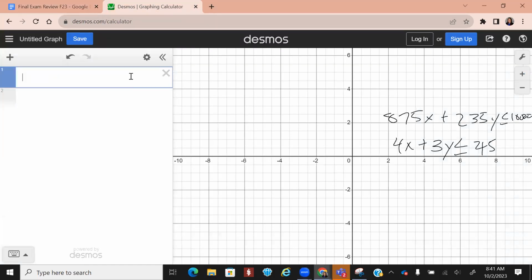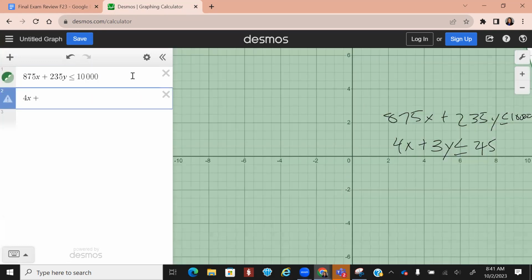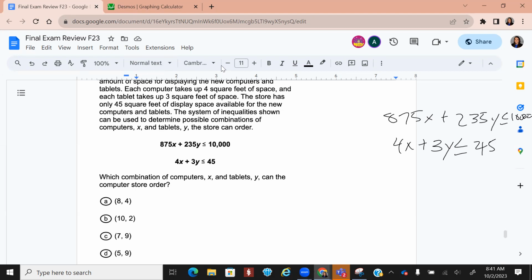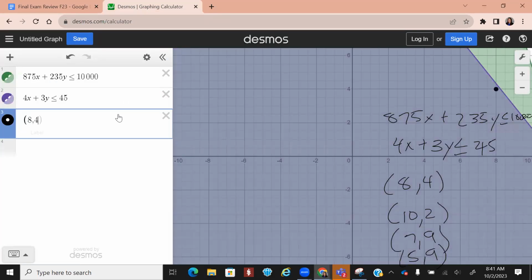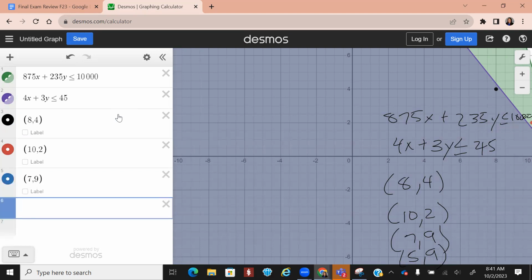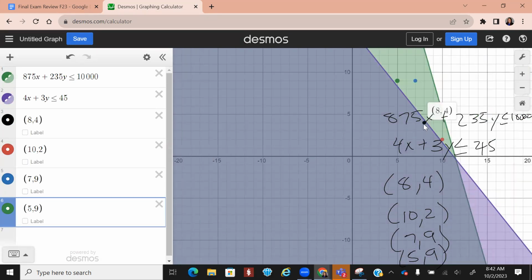So if I come in here and type these in, then I can take each one of these points and plot those and see which one lies in the dark shaded region. So which one actually lies in the purple region? That's 8, 4.